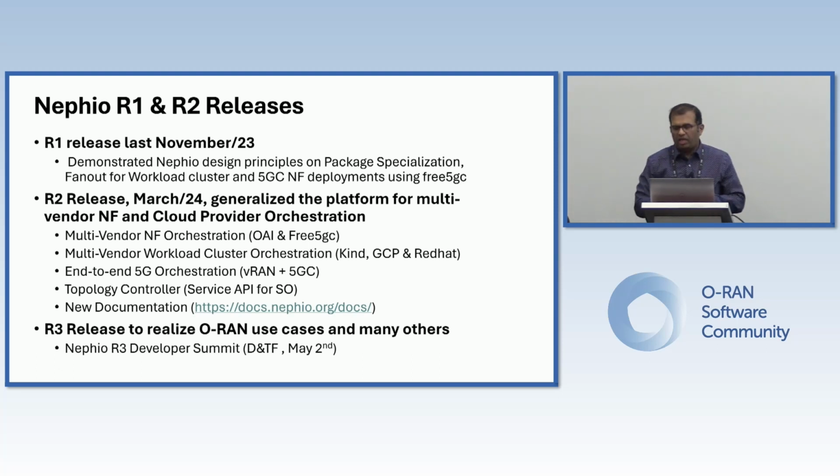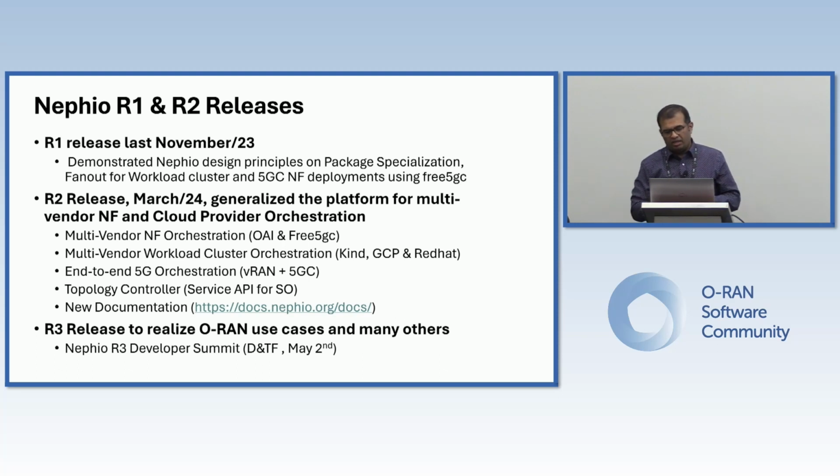So OAI was brought into the picture, and some of the CRs, these APIs that Nephio was defining, were generalized to make it easy for any network function vendor to onboard their network function packages, put them through the same workflow, and prepare them for deployment. So we had this multi-vendor network function orchestration capability, multi-vendor workload cluster orchestration, and this was generalized for Google Cloud and Red Hat.